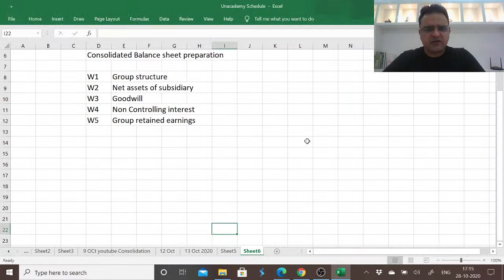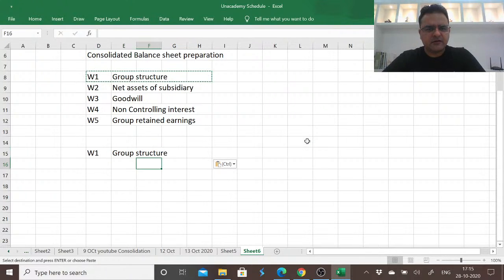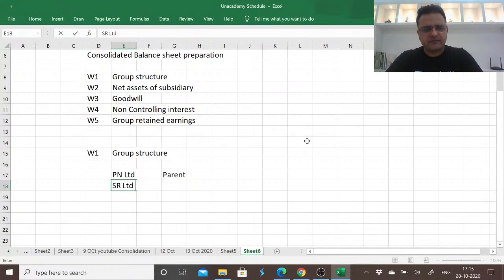The first thing in any question we need to clarify is the group structure. In this group structure, PN Limited is the parent, SR Limited is the subsidiary. The percentage acquired is 70%.